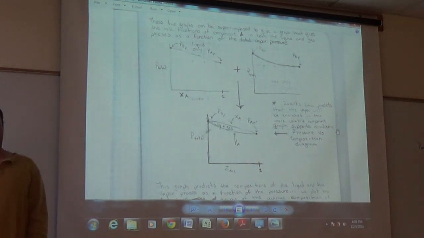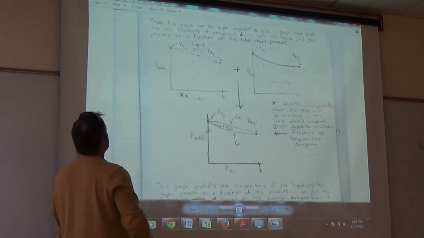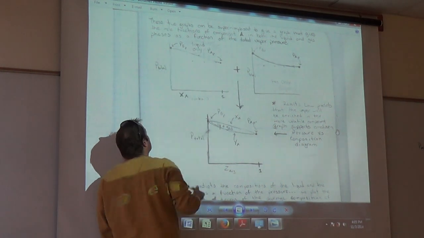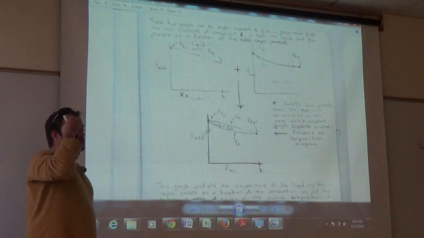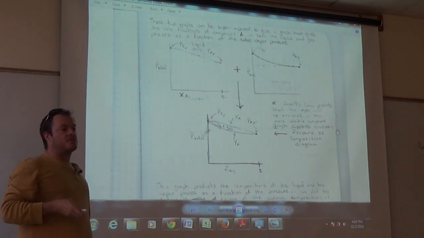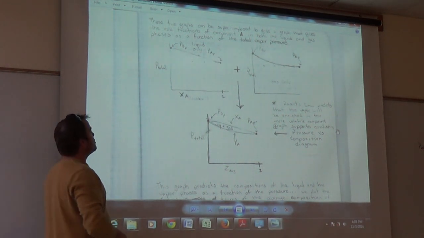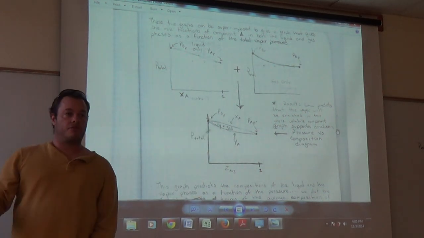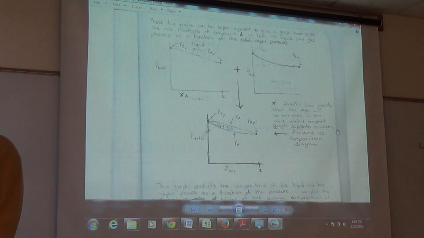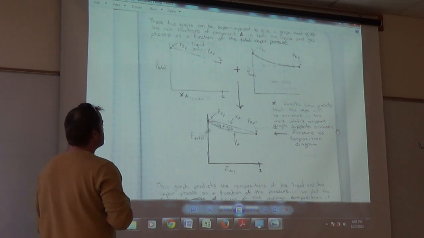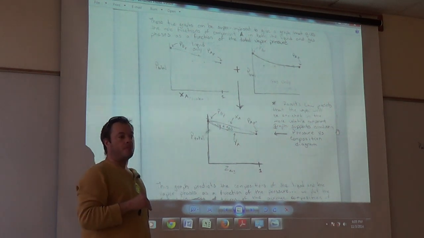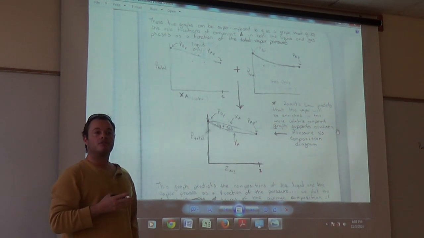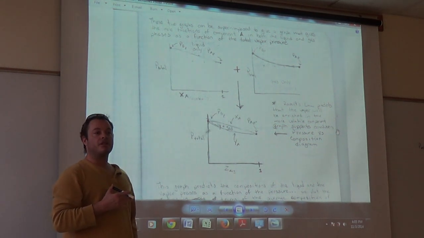What phase does the system exist in when it's up here? Remember, this line plots the vapor pressure of the system. And if we go to a pressure that's higher than the vapor pressure, it's going to be liquid.